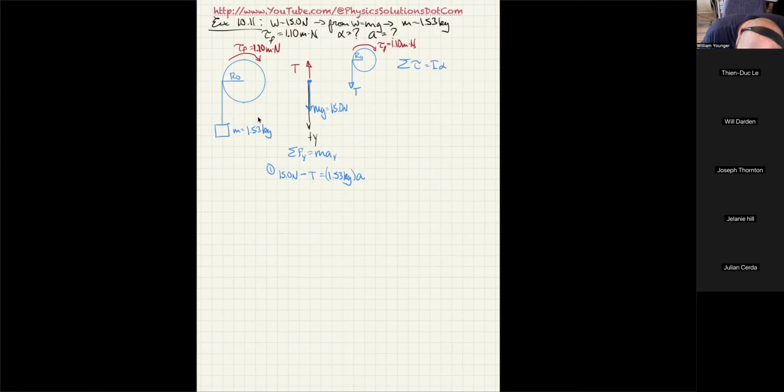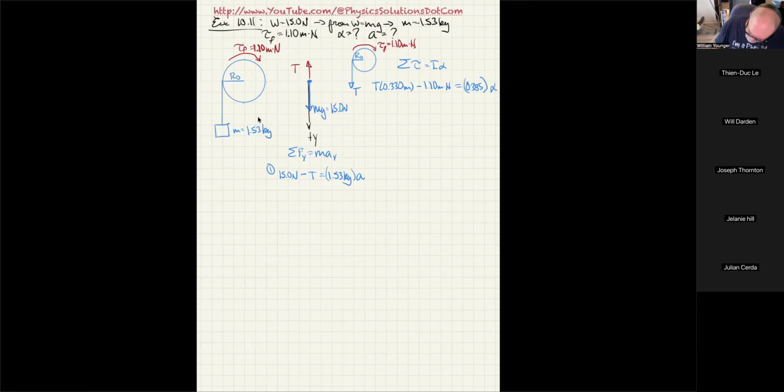So I'm going to say T times 0.330 meters minus 1.10 meter newtons is equal to 0.385, leaving off the units because I don't have room, and all of that is multiplied by alpha.